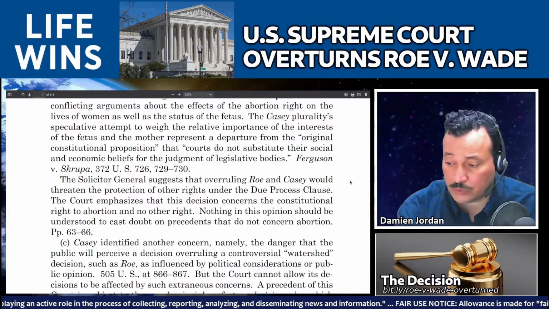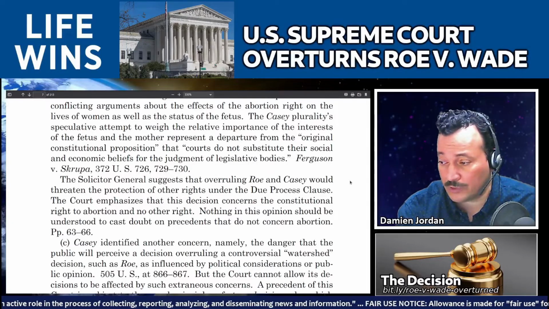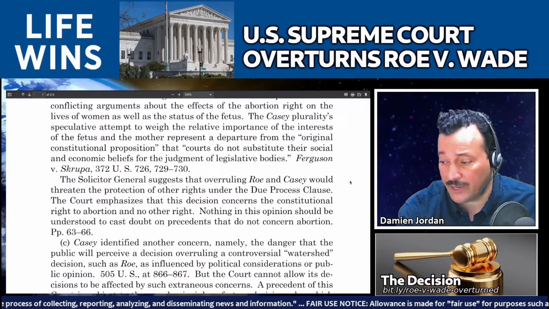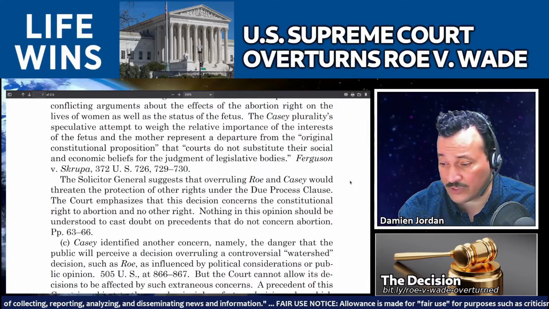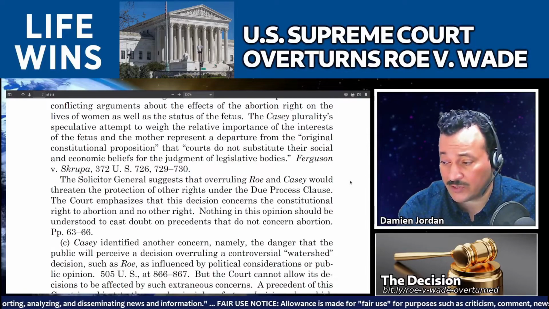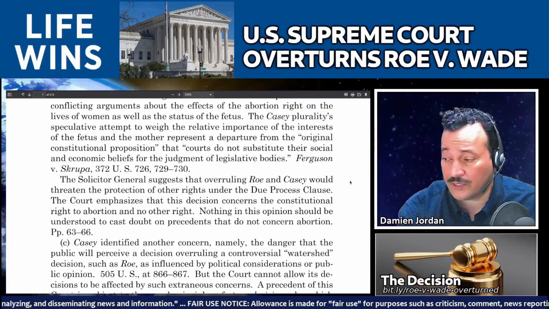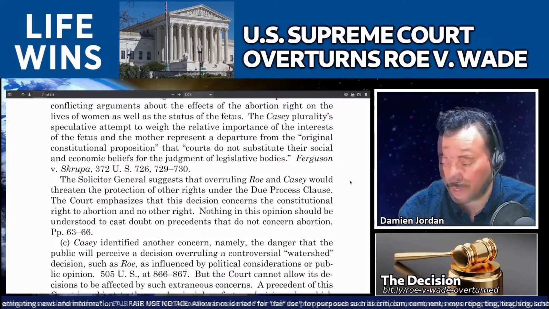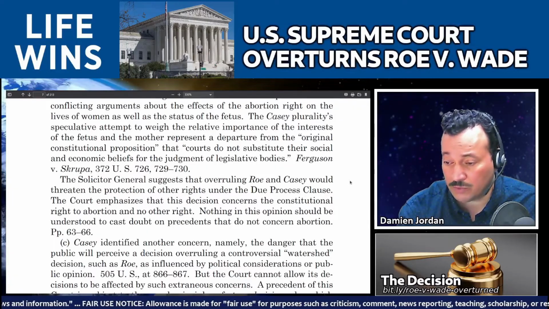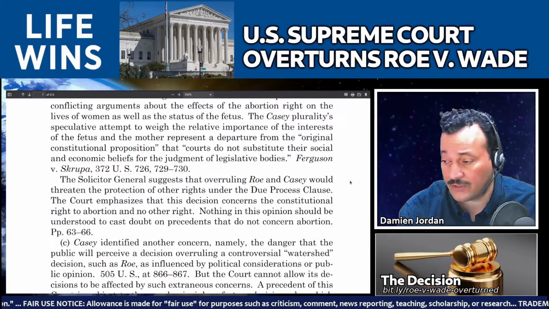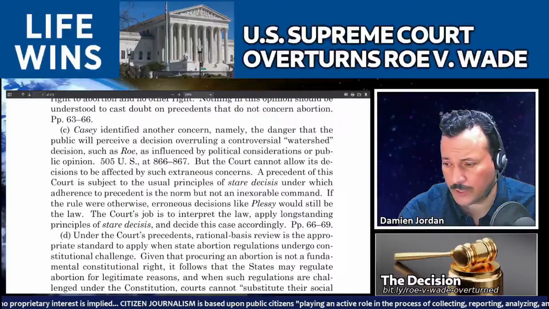The Solicitor General suggests that overruling Roe and Casey would threaten the protection of other rights under the Due Process Clause. The court emphasizes that this decision concerns the constitutional right to abortion and no other right. Nothing in this opinion should be understood to cast doubt on precedents that do not concern abortion.